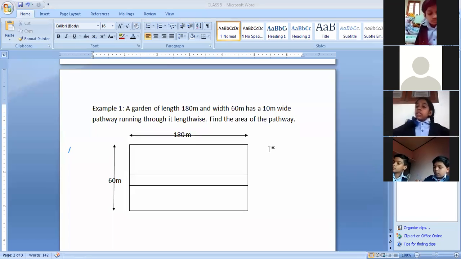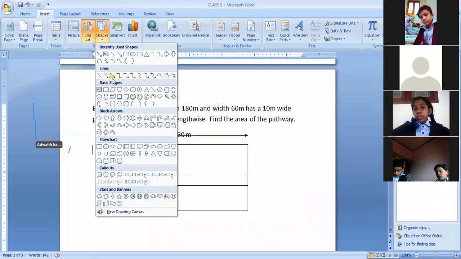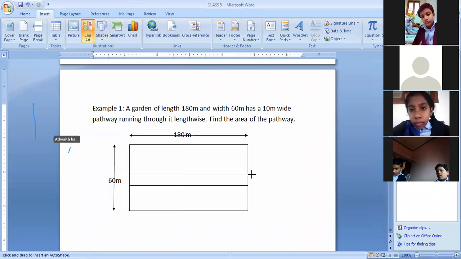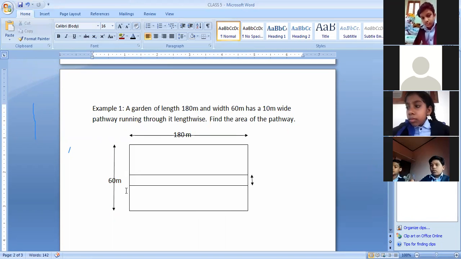That means 180 meter is the length of what? Garden, not ground. Length of the garden is 180 meter, right?